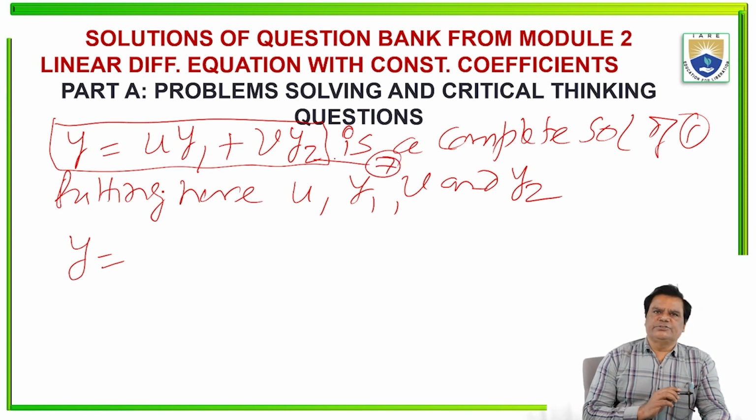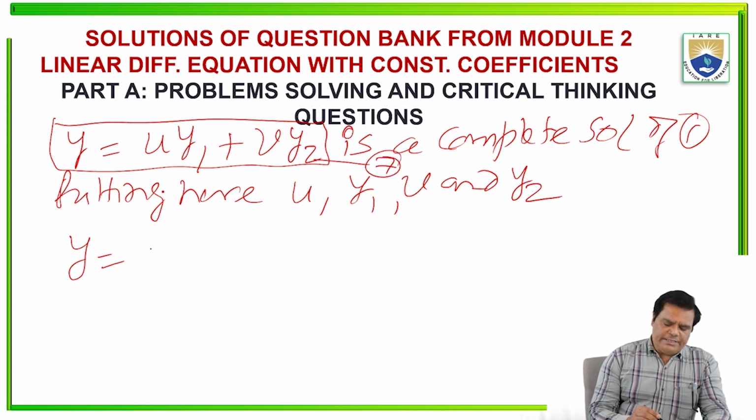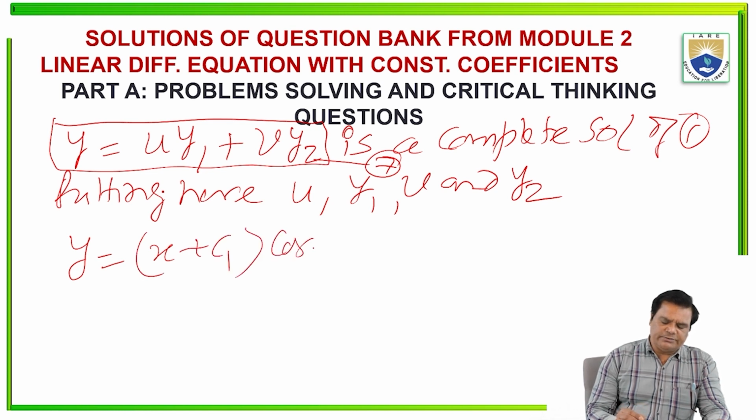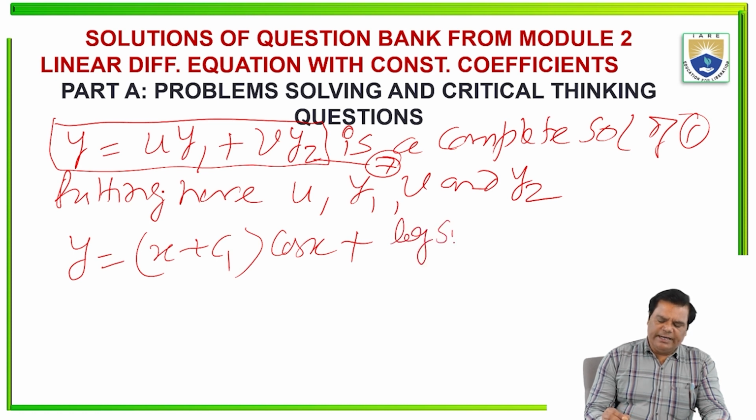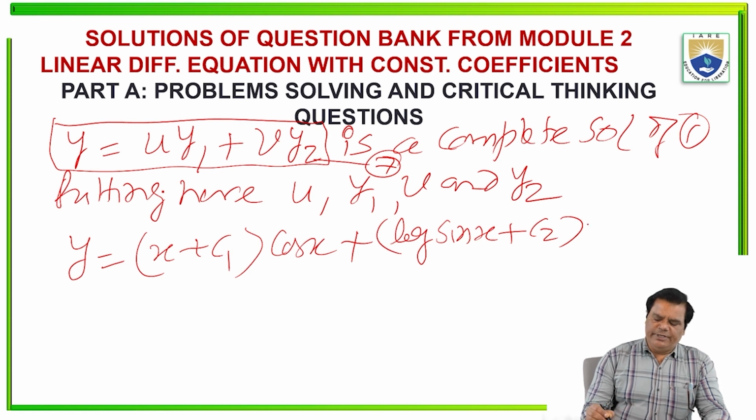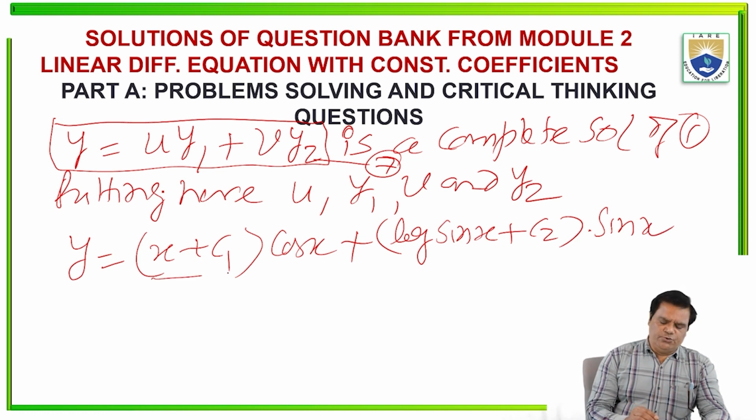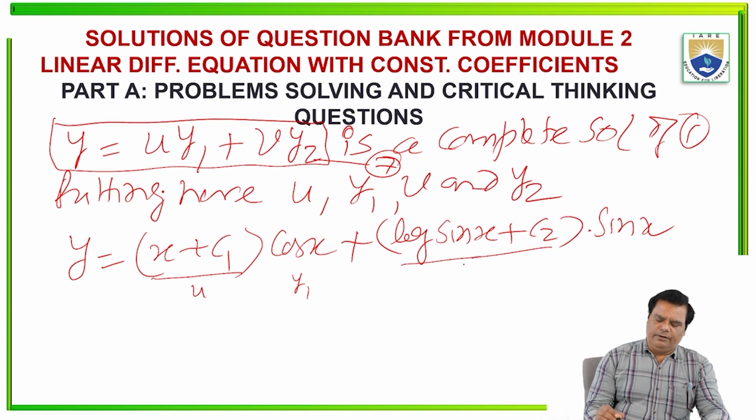Putting u is x plus c1, y1 is cos x, v is log sin x plus c2, and y2 is sin x. This is the complete solution.